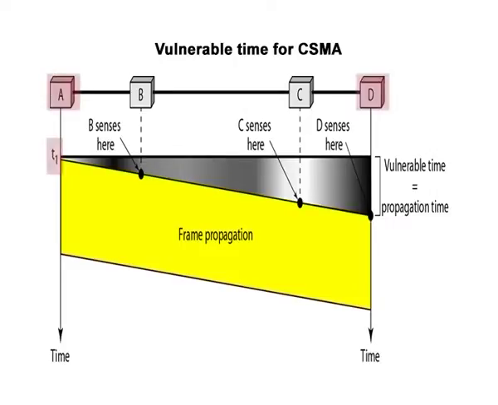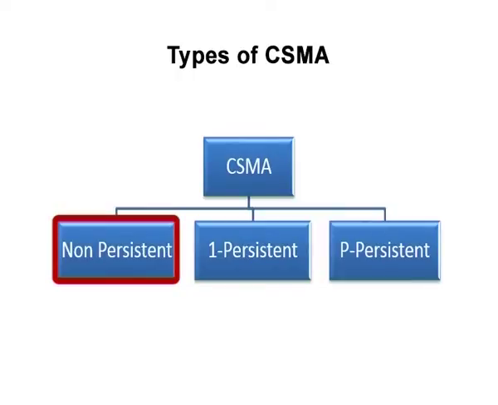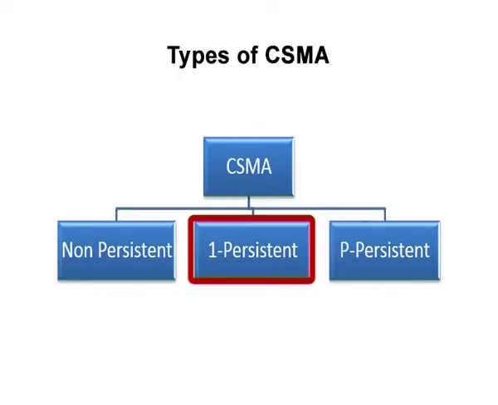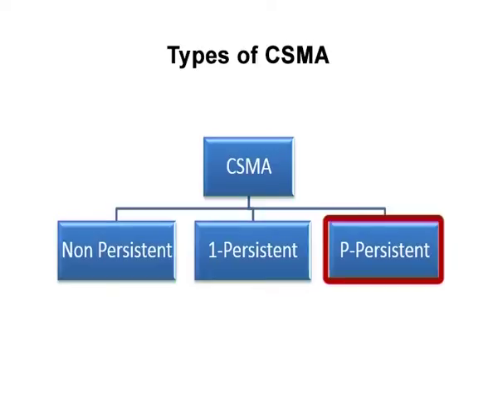This figure shows the vulnerable time for CSMA. When a station senses the medium to be idle, it transmits the packet by using one of these approaches: non-persistent CSMA, one-persistent CSMA, and p-persistent CSMA. Non-persistent CSMA is a non-aggressive transmission protocol.